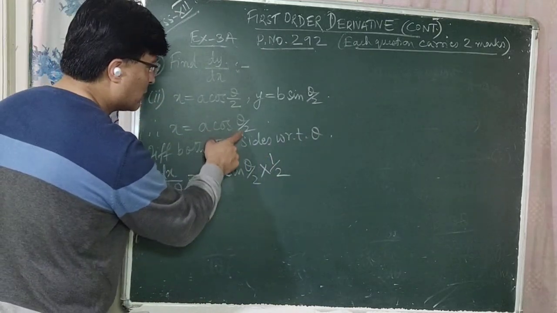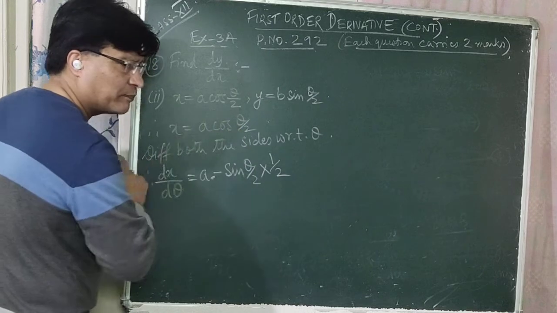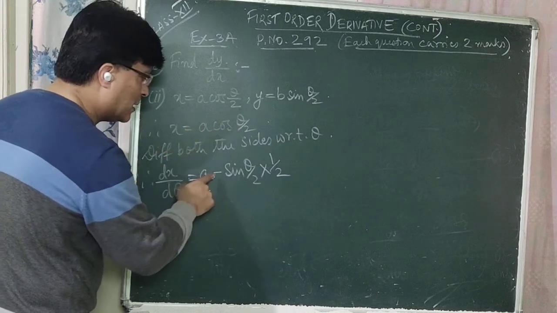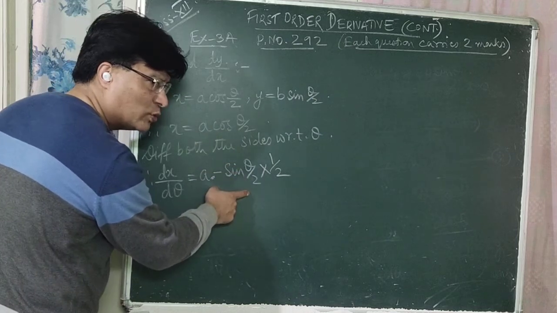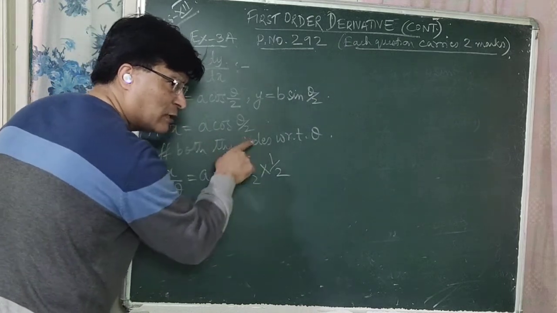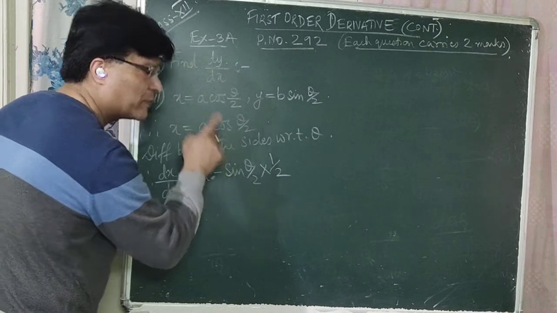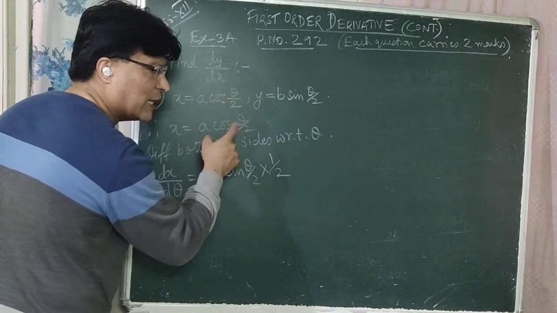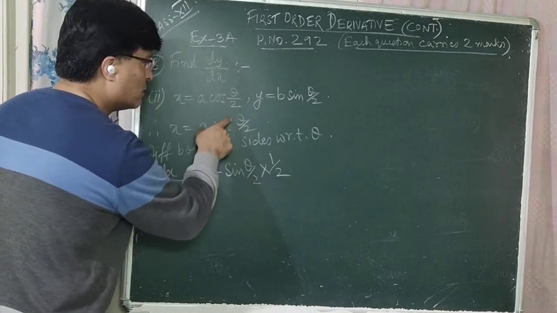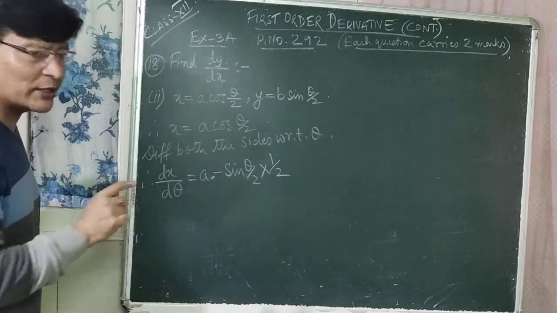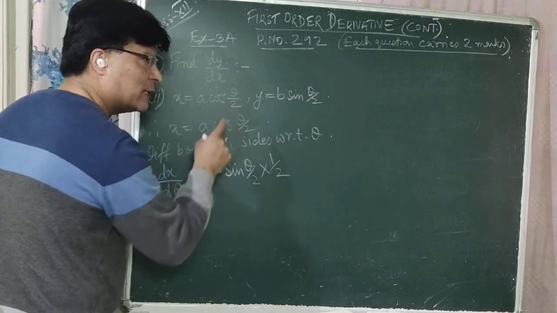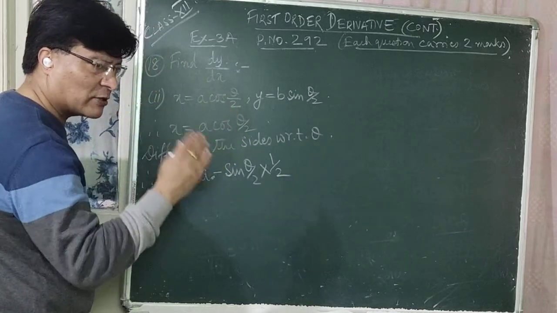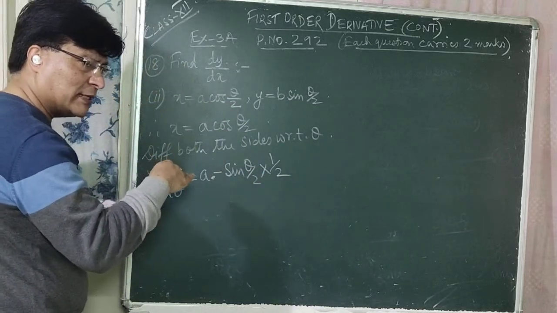Because you are differentiating both the sides with respect to theta. So this cos theta by 2, you should take it as cos theta. So what is the differentiation of cos theta? Minus sin theta. But you should write here theta by 2. Again you have to differentiate the term which is assumed as theta. In this case theta by 2 is assumed as theta. So you have to differentiate theta by 2 with respect to theta again. So what is d by d theta of theta by 2? Half is constant, you can take it outside d by d theta.